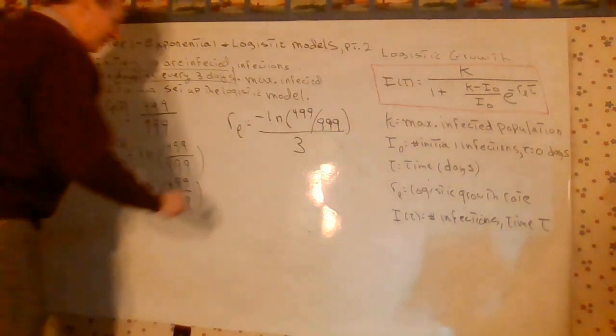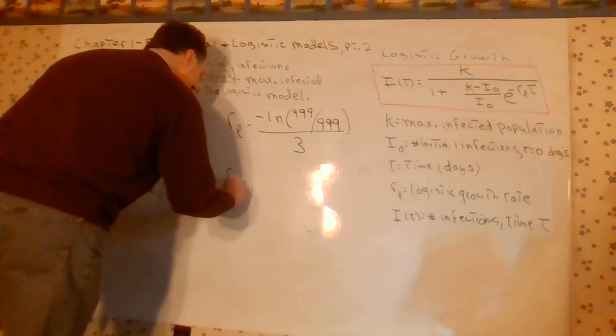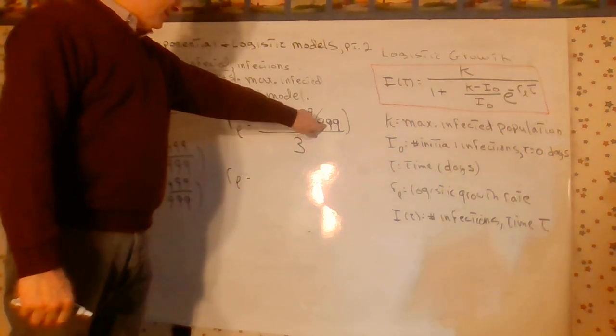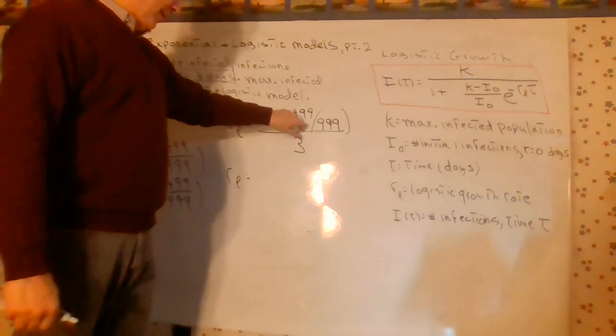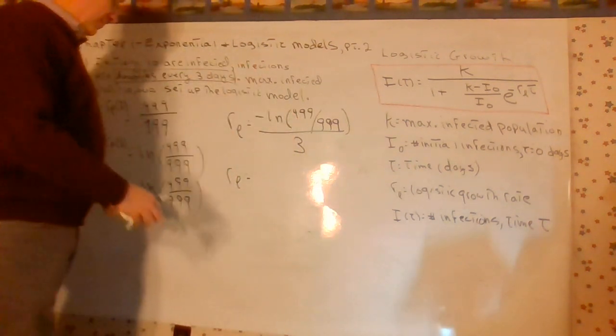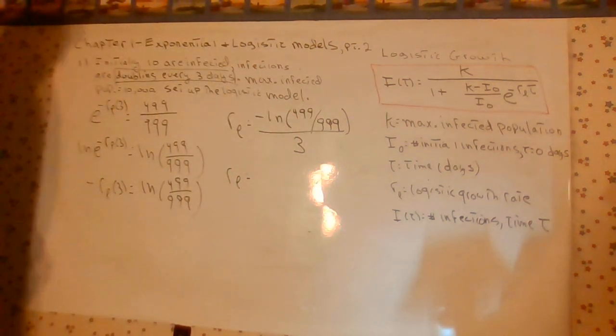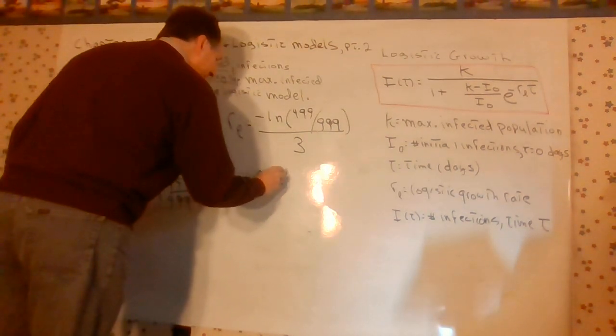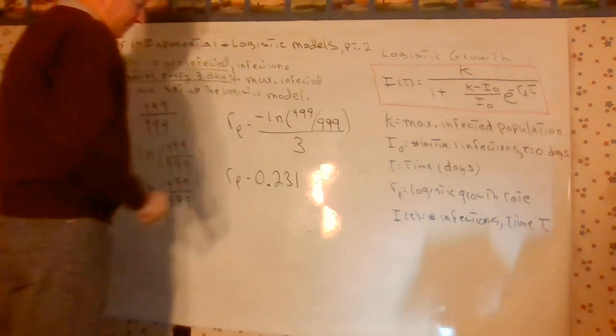Now you can use a calculator to do this. One thing to note: the natural log of a fraction is going to be negative, and negative times negative is positive, so we will get a positive number. It ends up being 0.231.